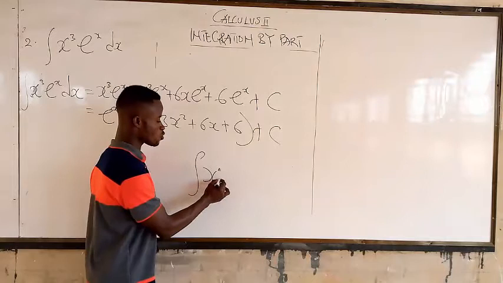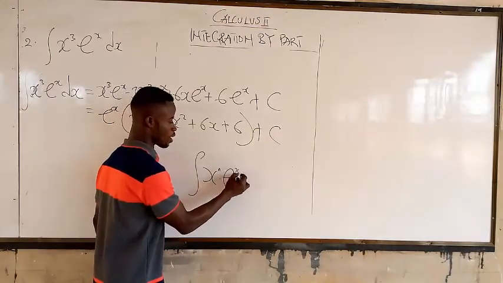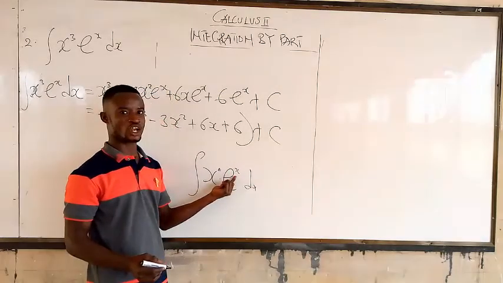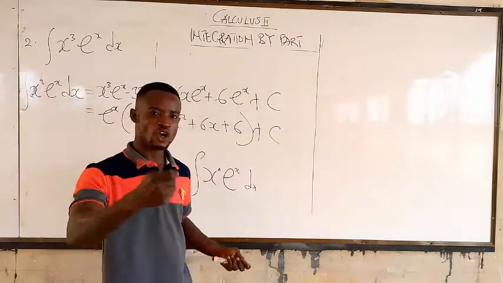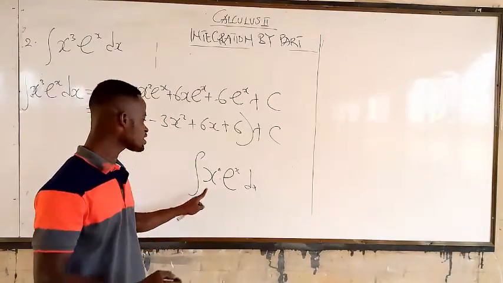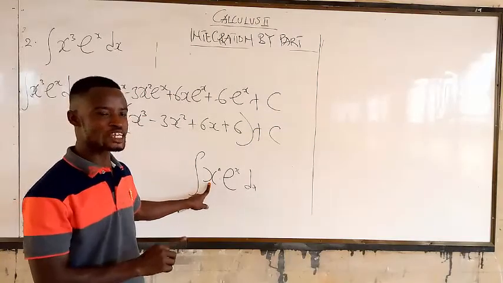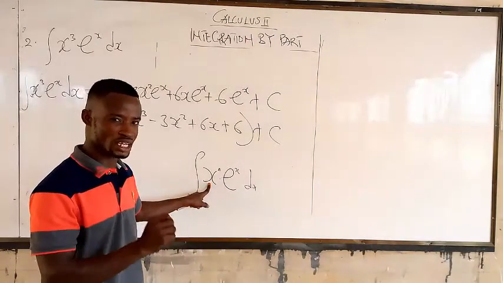When it meets with an exponential function, like e raised to the power x dx, then we always do that. We set our u to be equal to the polynomial. Then our v will be the integral of e raised to the power x dx.